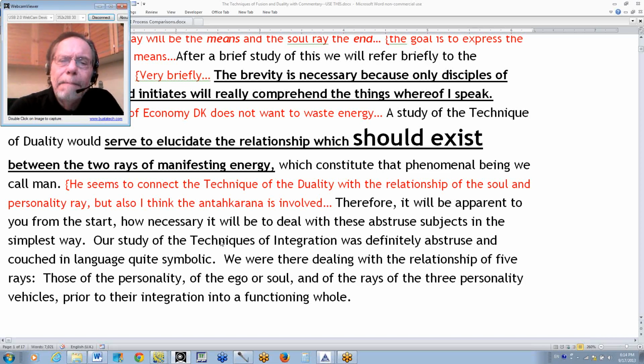But every permanent atom within the spiritual triad is controlled by the same ray, and that same ray is the ray of the soul ray, which means that the permanent atoms of the spiritual triad will change ray every time the soul changes ray. Now, which comes first, the chicken or the egg?